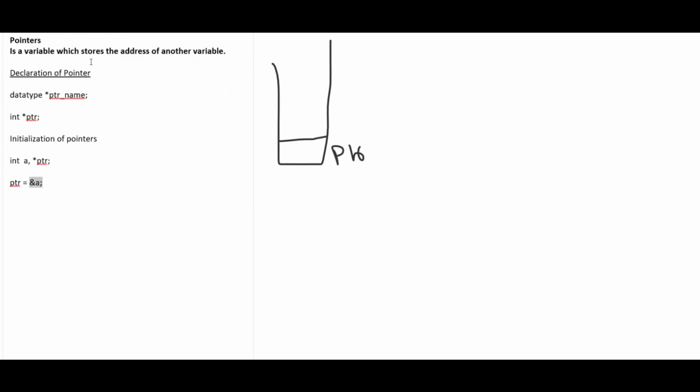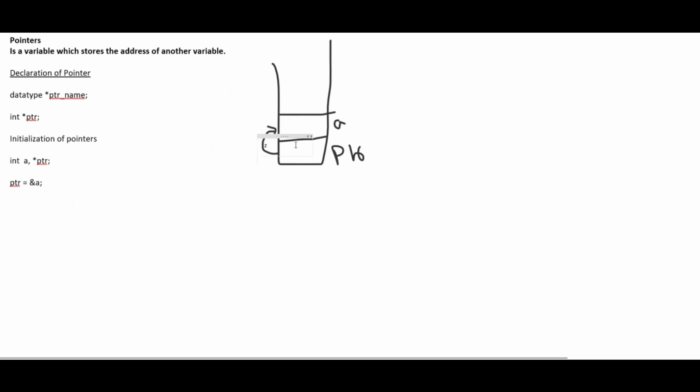Now observe, this statement says that we are assigning the address of variable a to ptr. That means this will have the address of this.